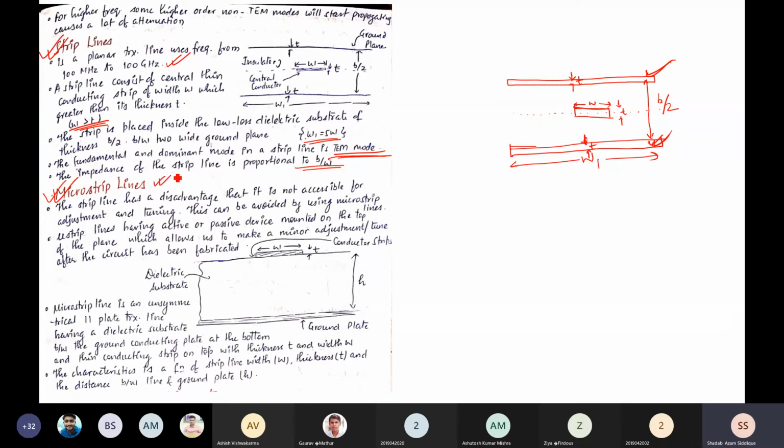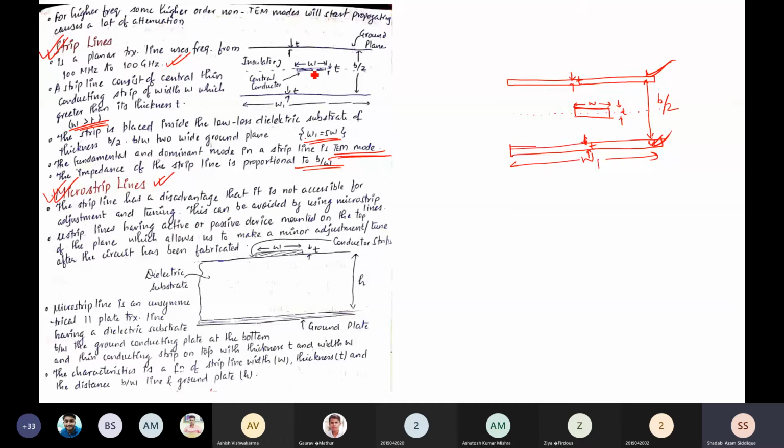Why is the microstrip line used? The strip line has a disadvantage: it is not accessible for adjustment and tuning.